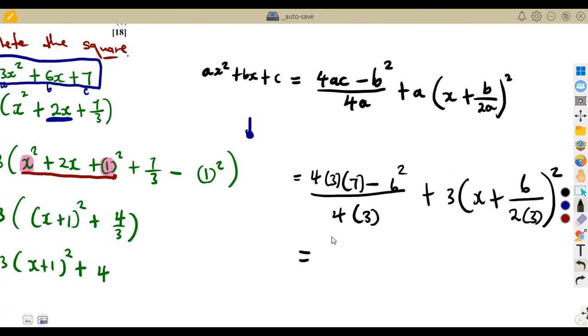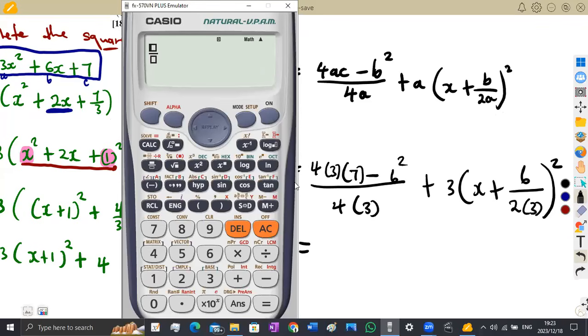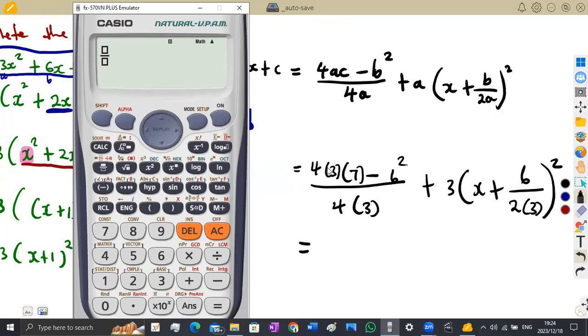If you are to simplify this properly, we can use our calculator for the simplification. Let us just bring our calculator back so that you can see the fraction. So here, just combine everything: 4 times 3 times 7 minus 6 squared, over 4 times 3. We are going to get a 4.